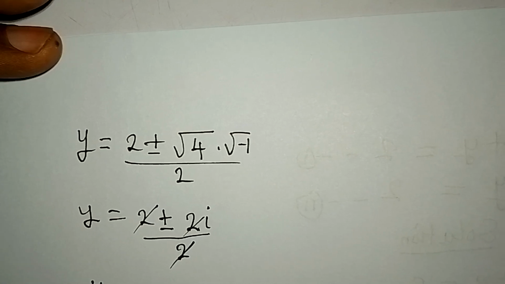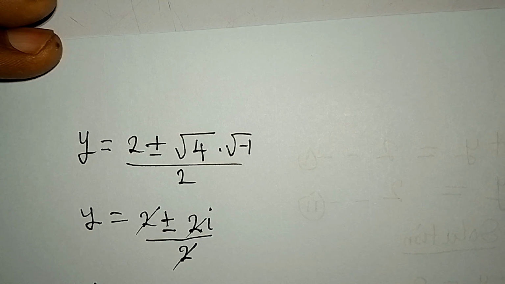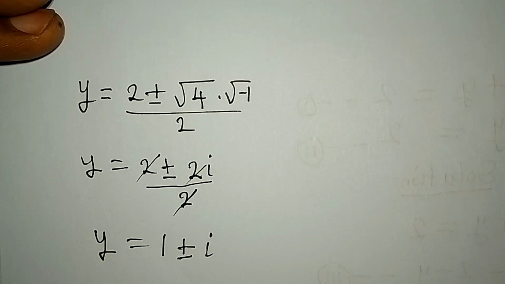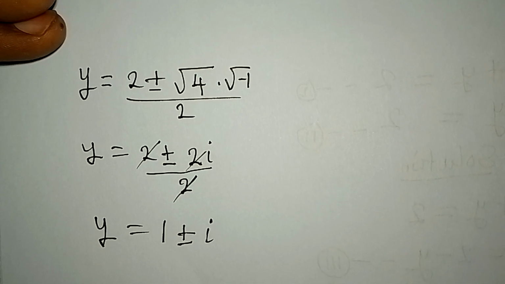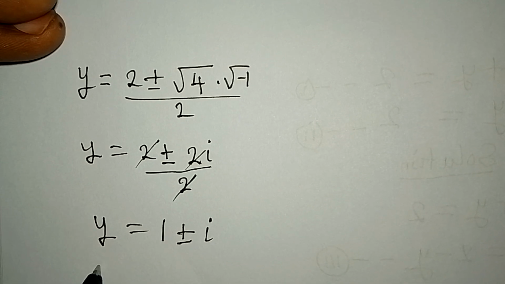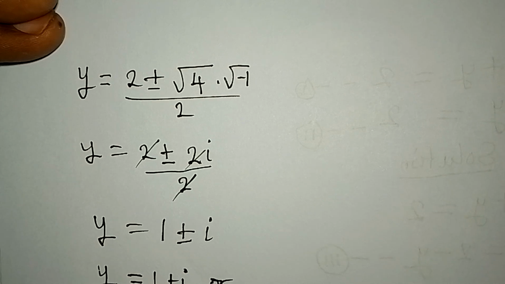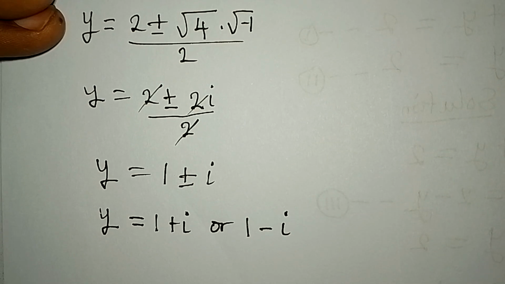So y will be equal to 1 plus or minus i, and there's no longer 2 underneath. This is a 2-in-1 solution because y should be equal to 1 plus i or 1 minus i. But then let's go back to our equation 3.